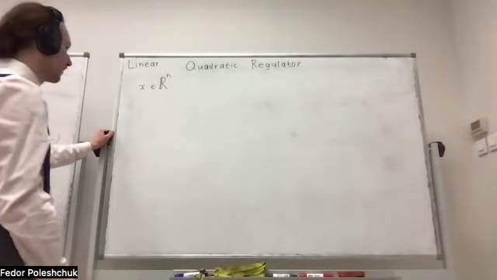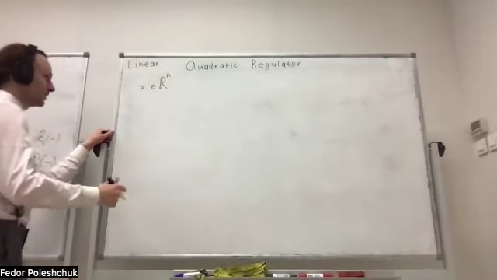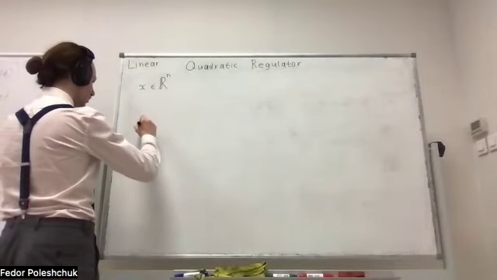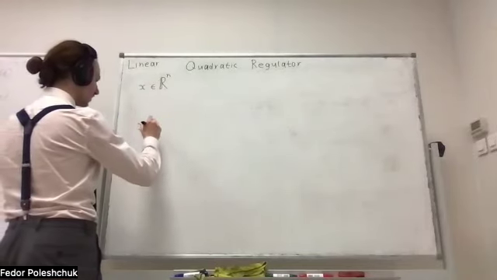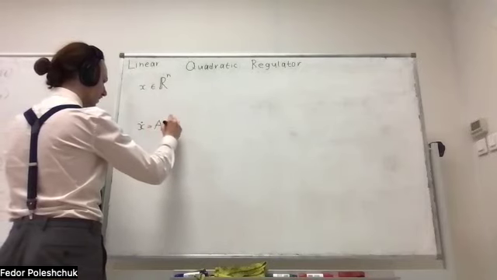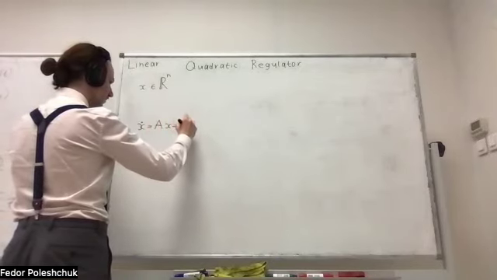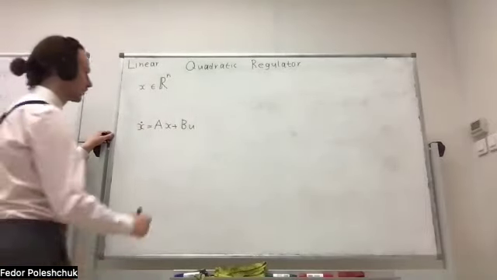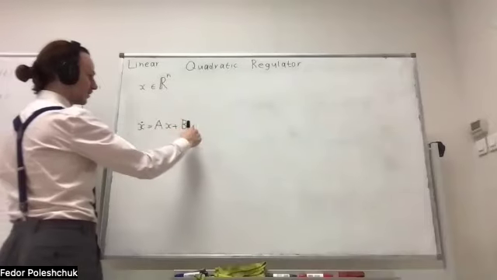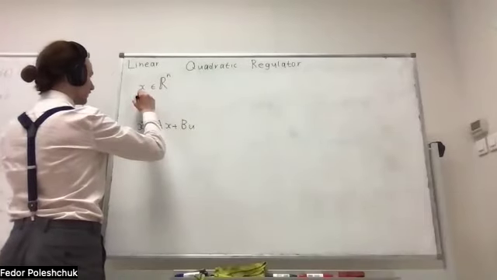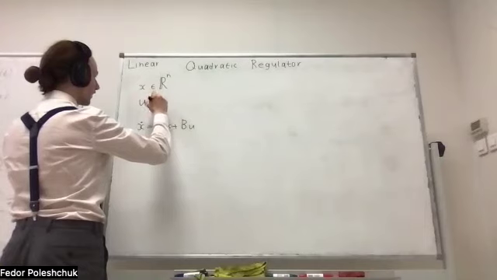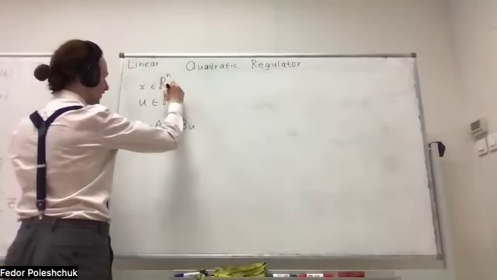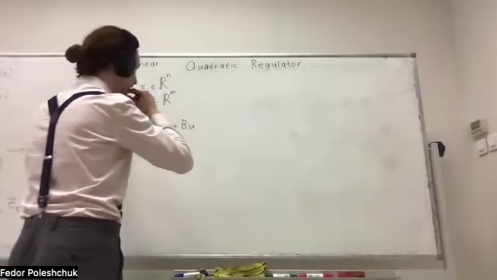And the behavior of the system will be described by the following vector system of differential equations: x dot equals Ax plus Bu. This vector over here is the control, u. It, in general, could have some other dimensionality, say m.